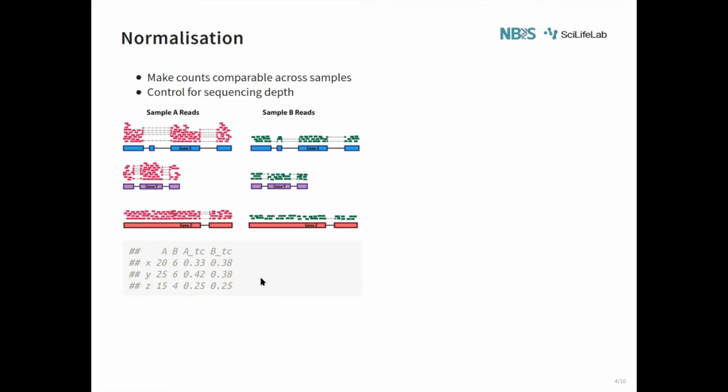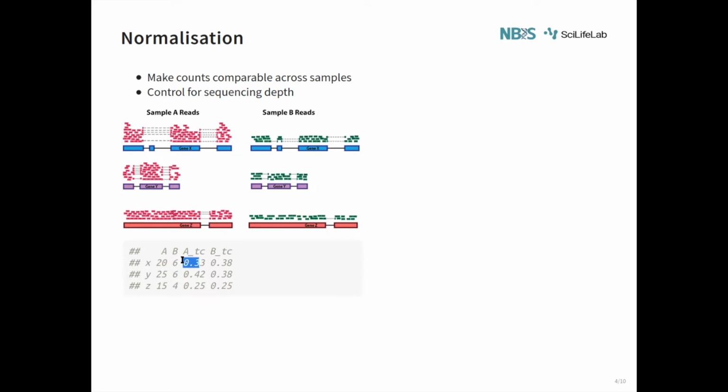If you just control for the sequencing depth, this is super easy. In this example you have 3 genes X, Y, and Z, and 2 samples A and B, and basically you just divide each count by the total number of reads for that sample, and then you get total count normalized reads.